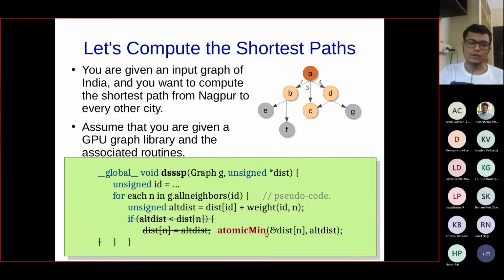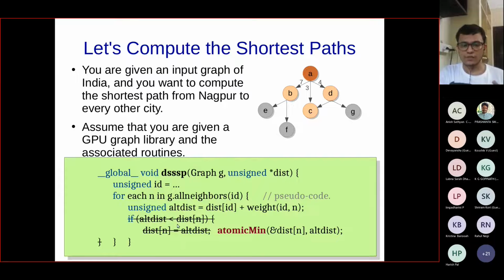And for doing that, CUDA provides us this very nice atomic instruction, which is atomicMin. Using this atomic instruction, we'll be able to do exactly this. The crucial point here is that checking whether the distance is less than the alternate distance, and then setting the distance to the alternate distance if it is less, this entire thing is done atomically.